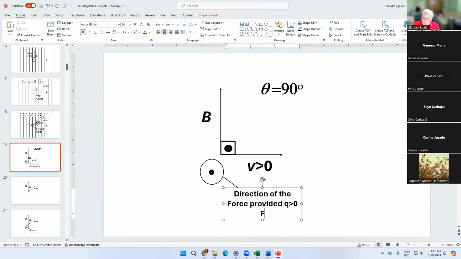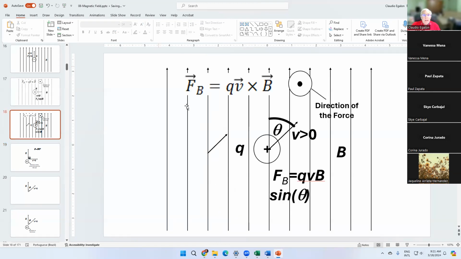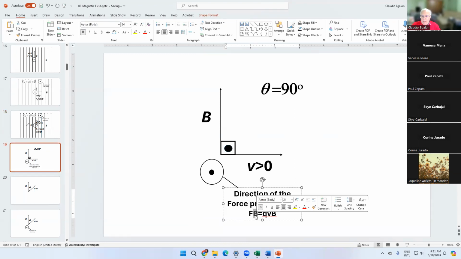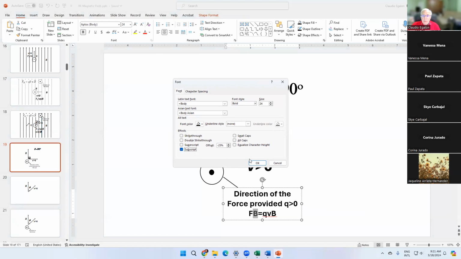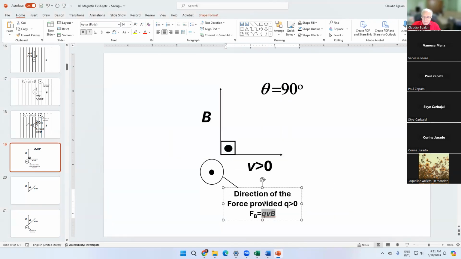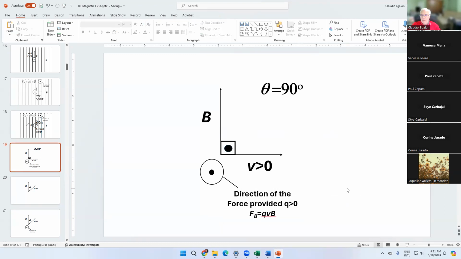The magnetic force is also given by, in this case, QVB, with a subscript. Like that. That's italicized, so it looks nice.